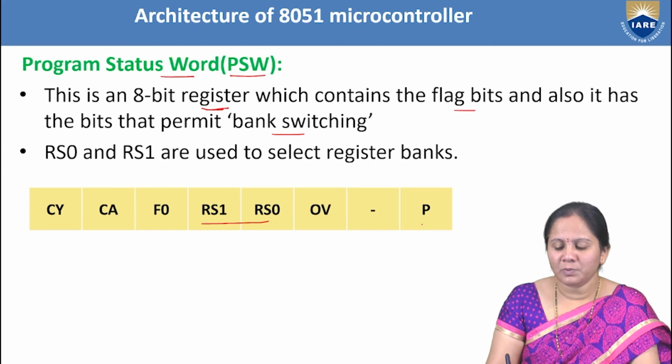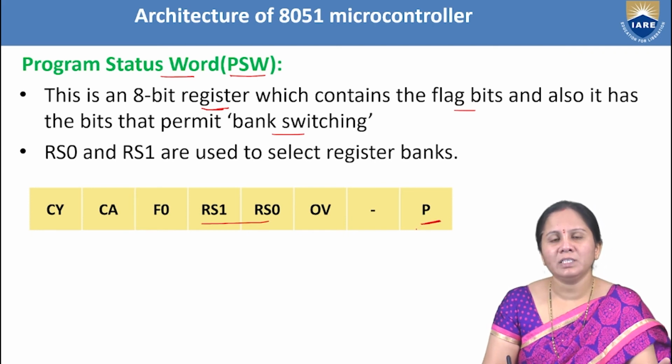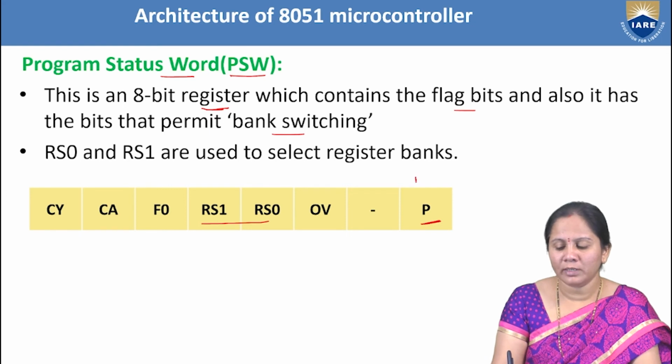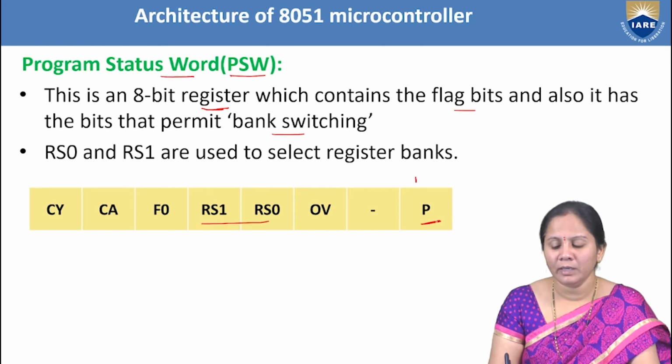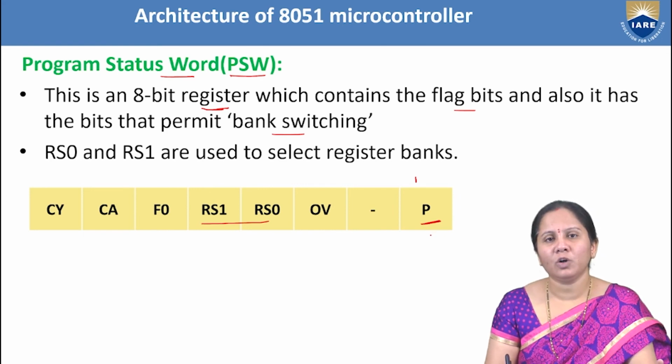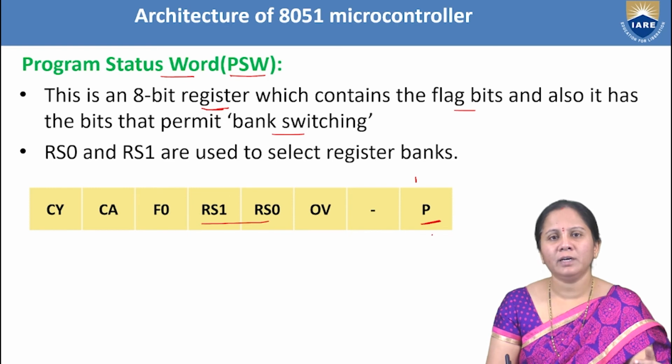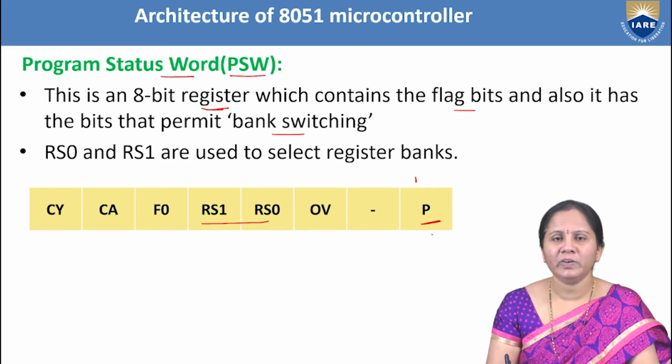Now, as we know, the flag register consists of 8 bits. The first one is P, which stands for parity bit. After performing any arithmetic and logical operations, if the result of the ALU consists of an even number of ones in the lower nibble, then we say that the parity bit is set.